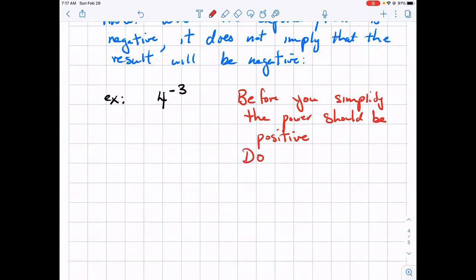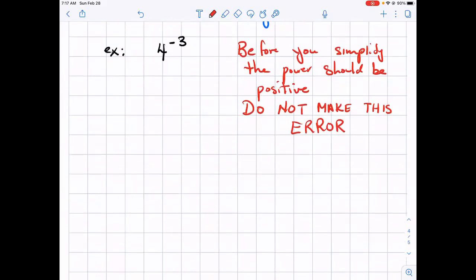Do not make this error. Generally what I see is that when we have 4 to the minus 3, some folks say it's 4 times 4 times 4, and that becomes 4 times 4 is 16, 16 times 4 is 64, and they say it's negative. This is wrong. Do not make that error.